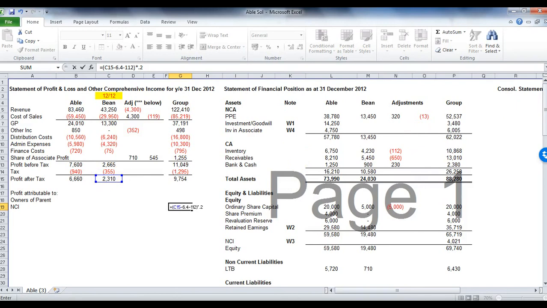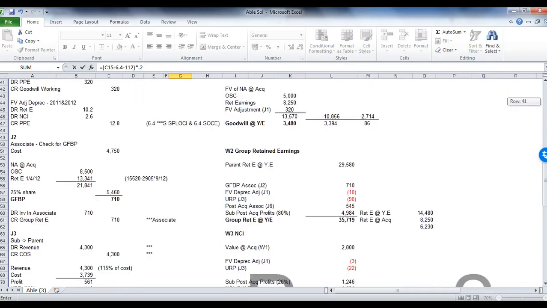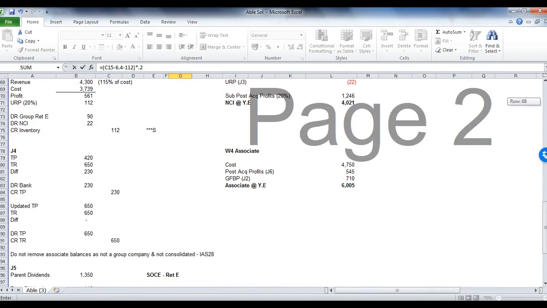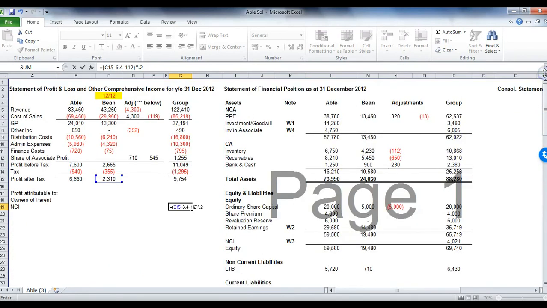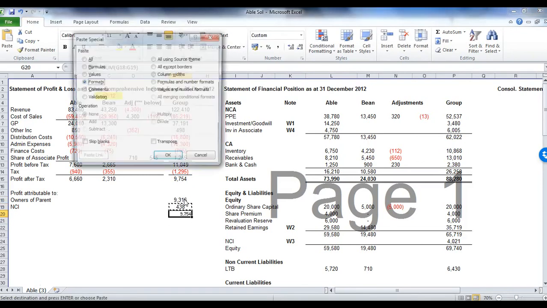That's why we talk about the S label, because when you come to the very end here, you need to be able to track what adjustments you made to the sub's profits only, and you made 2 adjustments during the year. So that gets you, just change that format, 438, with the difference of course going to the parent. So that's the split of the profits, and there will be a good chunk of marks going for that.